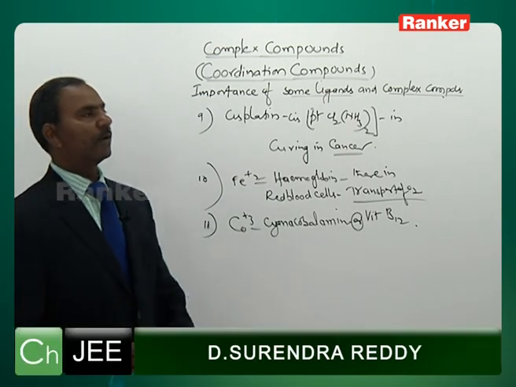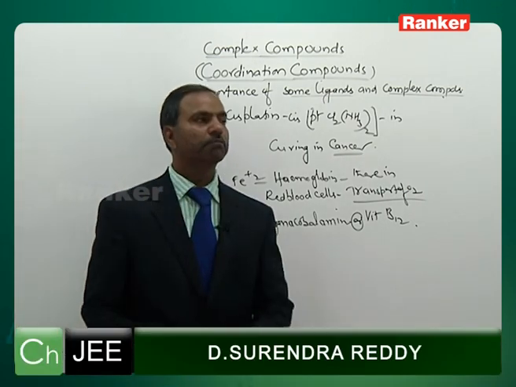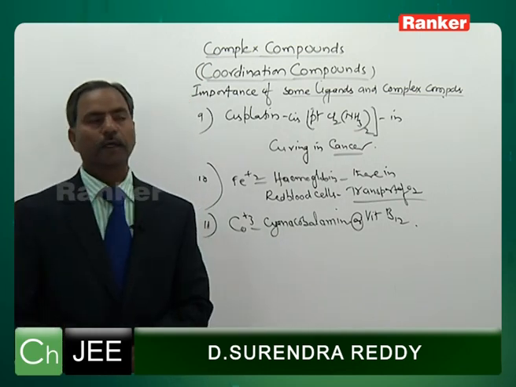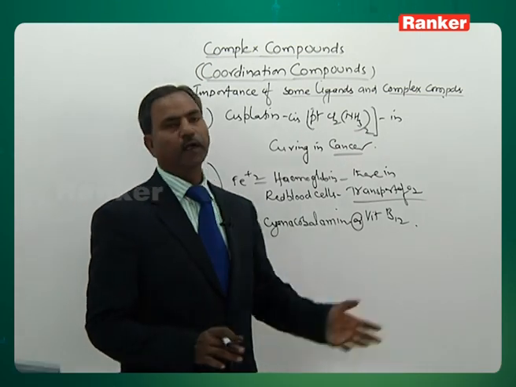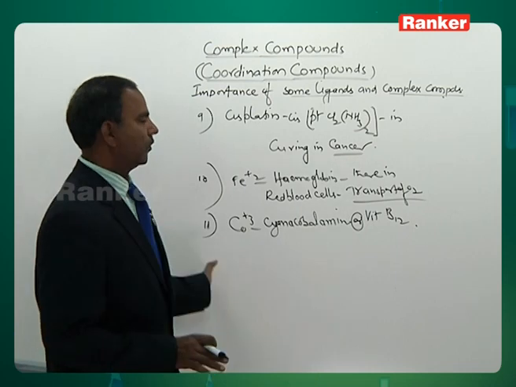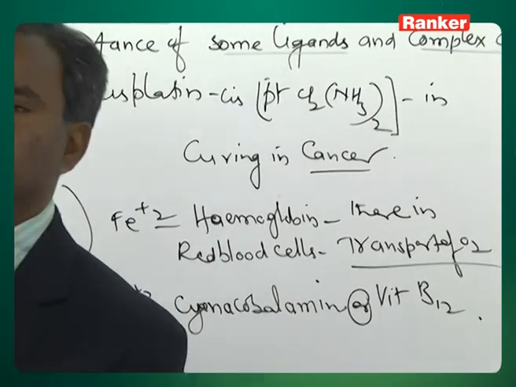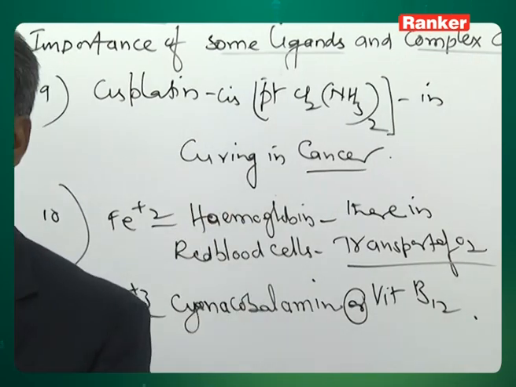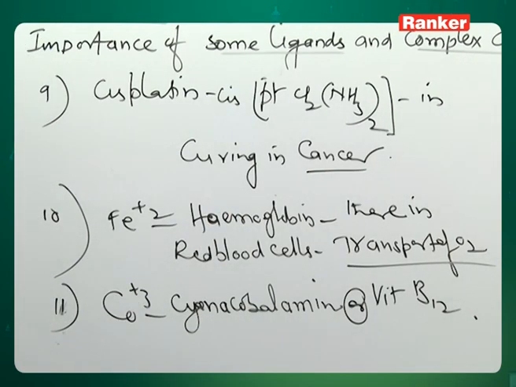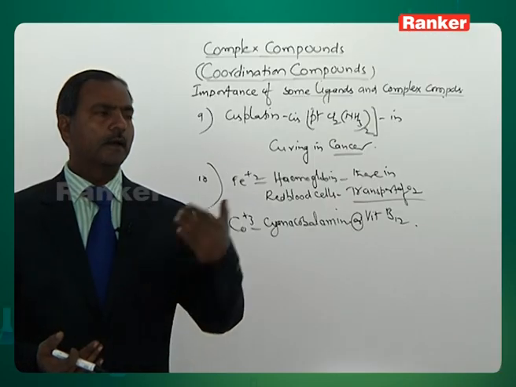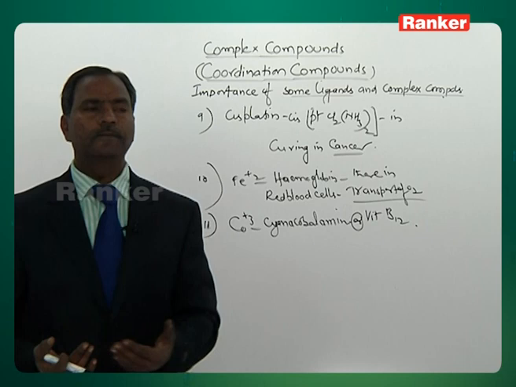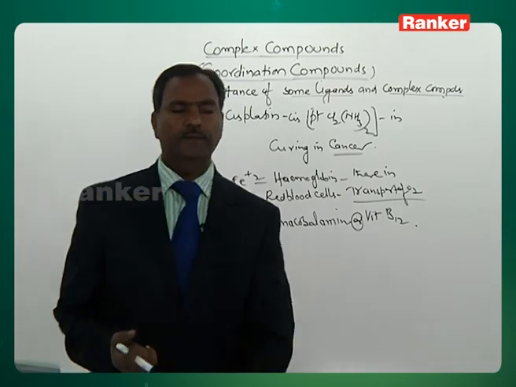It is in many ways useful for human life and other living beings. These are some important complexes and ligands which are important either in practical chemistry or biochemical industries, in the form of complexes or ligands.